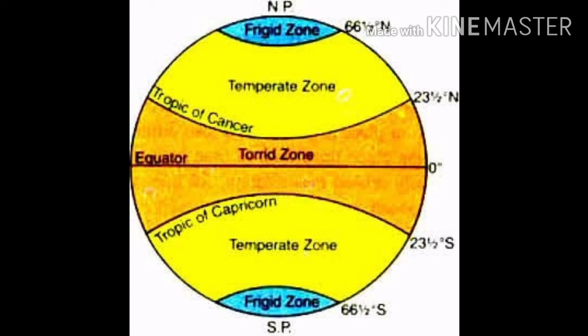So it is very cold because of the absence of the sun's heat. This zone is also divided into two parts, North Frigid Zone and South Frigid Zone. The north zone lies between the Arctic Circle 66.5 degree north and the North Pole, and the south zone lies between the Antarctic Circle 66.5 degree south and the South Pole.